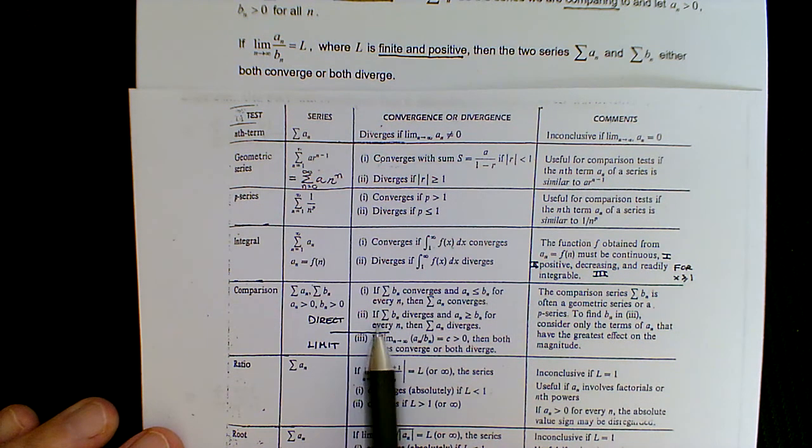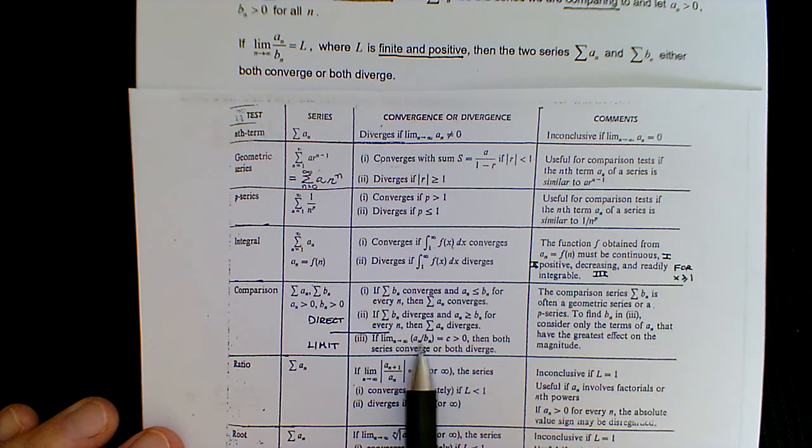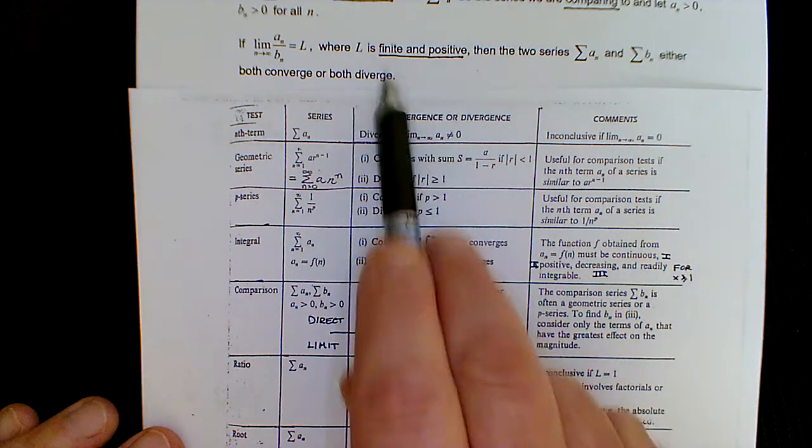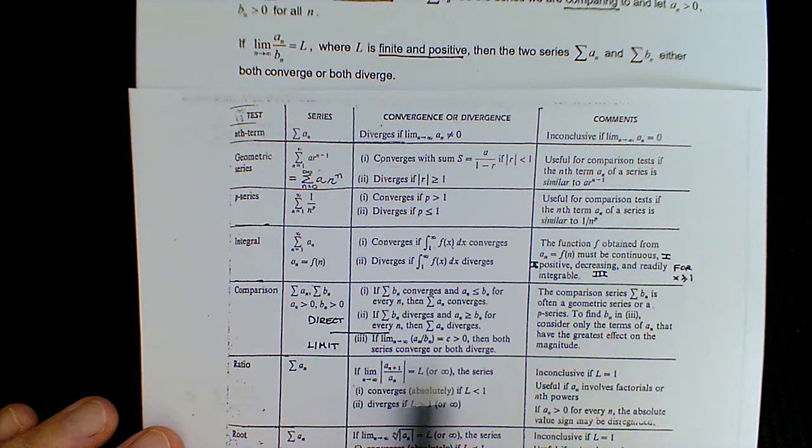Letters I and II are for the direct comparison, and letter III is the limit comparison test. And you can see it basically says the same thing. Take the limit of the ratio of a sub n over b sub n, and if it equals c, which is greater than 0, which is the same as saying it's L, where L is finite and positive, then both series converge or both diverge.